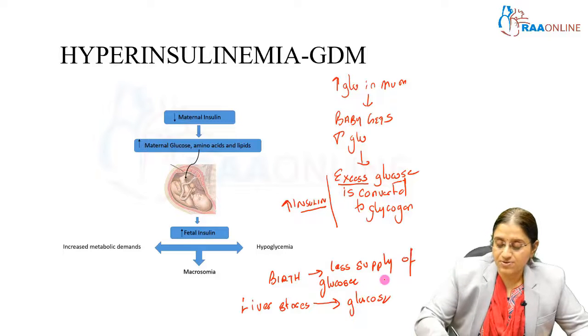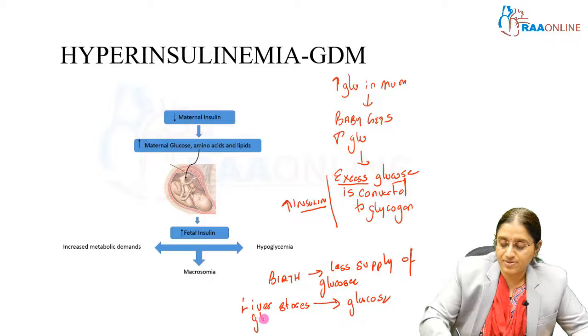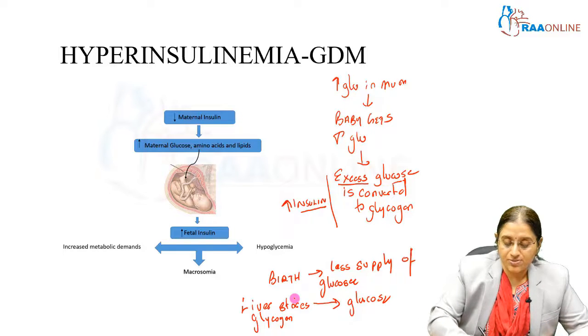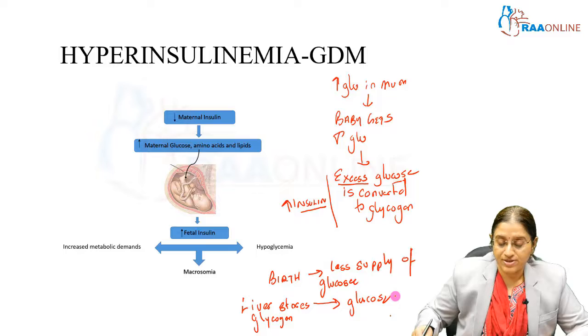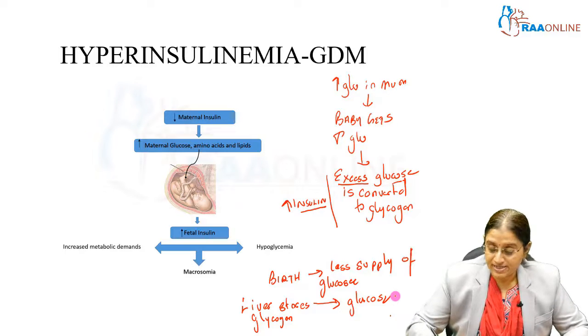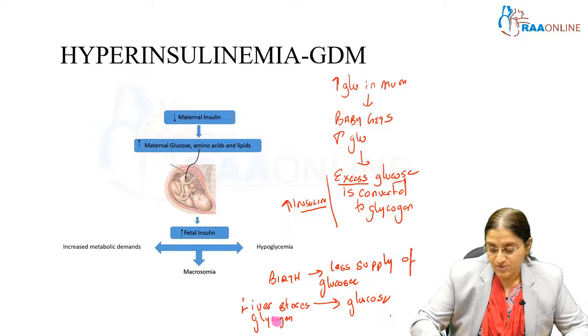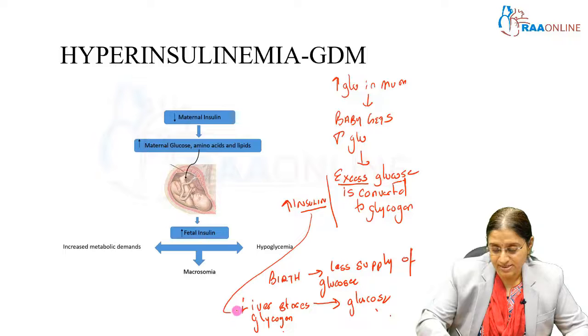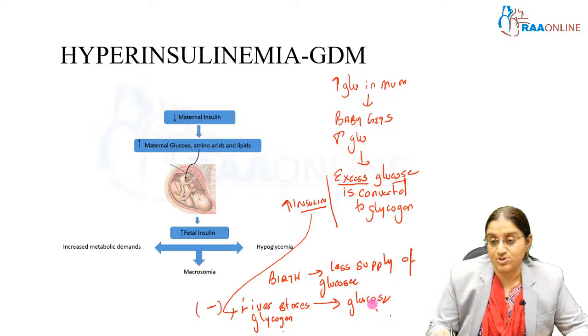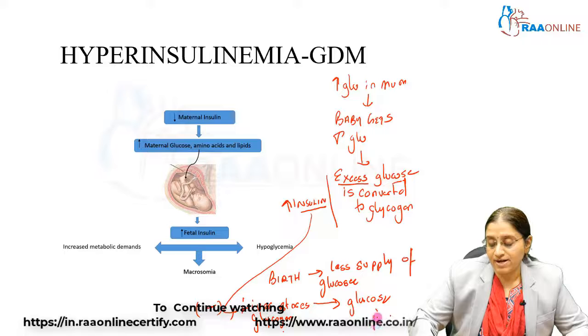What are the liver stores? It is glycogen. But what is happening is, now there is already increased insulin, but the liver stores of glycogen have to be converted into glucose. Because of the increased insulin, this inhibits conversion of the liver stores of glycogen into glucose. So what will happen is the baby will have hypoglycemia.